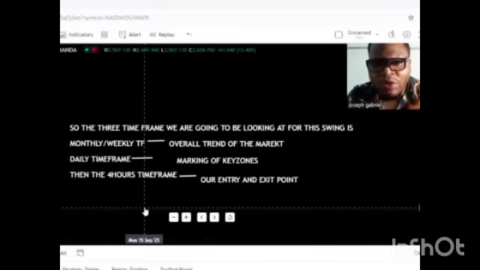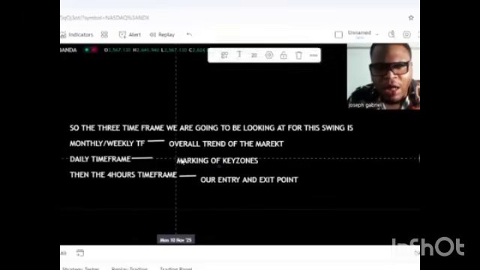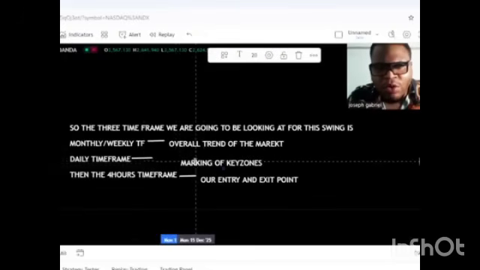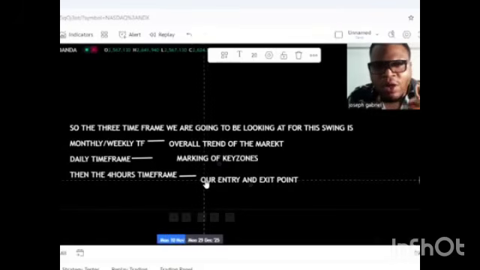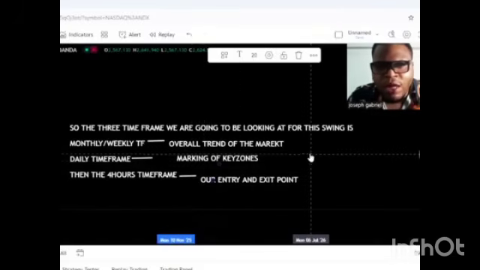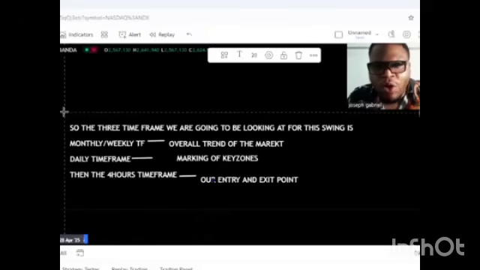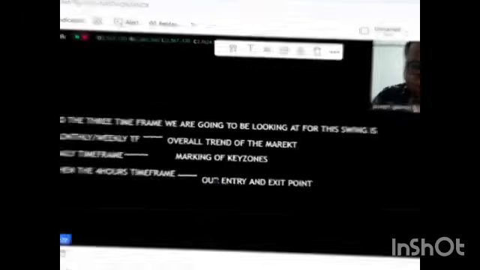So we want to be working on daily key zones. Looking at the overall trend of the monthly or the weekly, then the daily time frame, we are now going to be marking our key zones on the daily. Then the 4 hour time frame is our entry or exit point. So guys, let me show you how to do this.